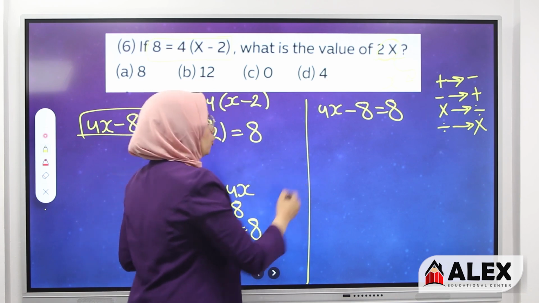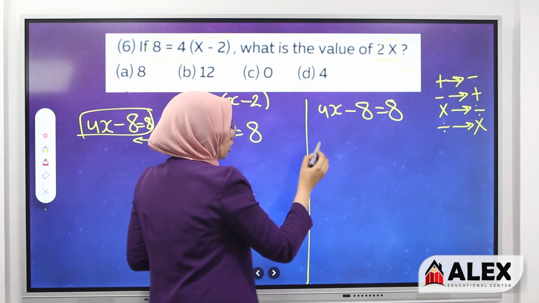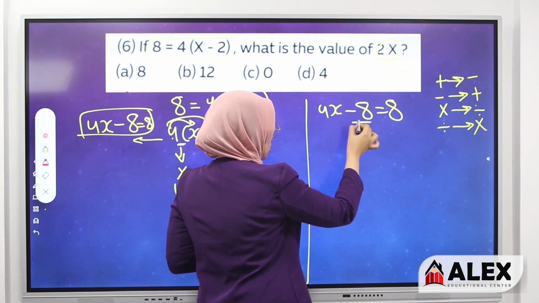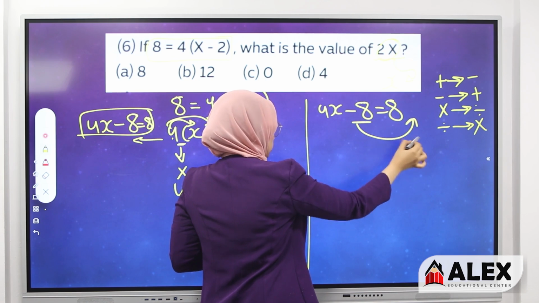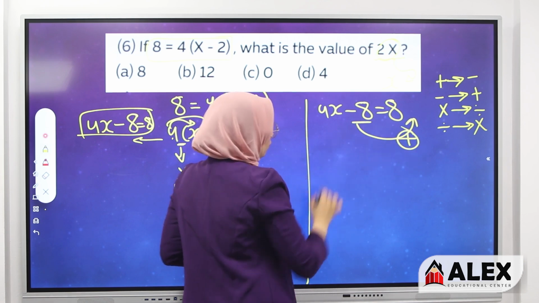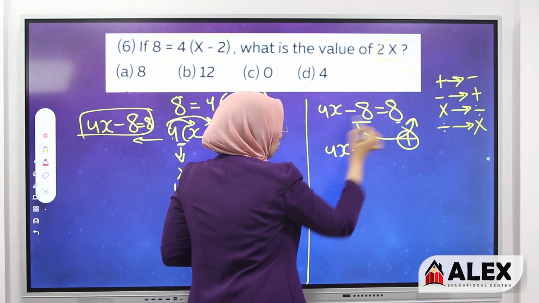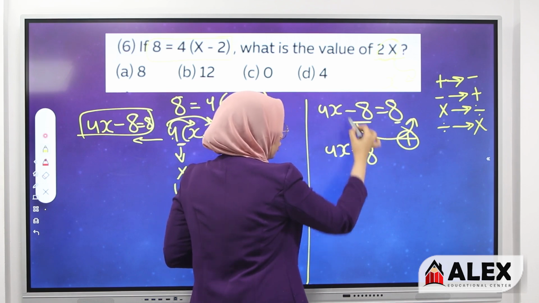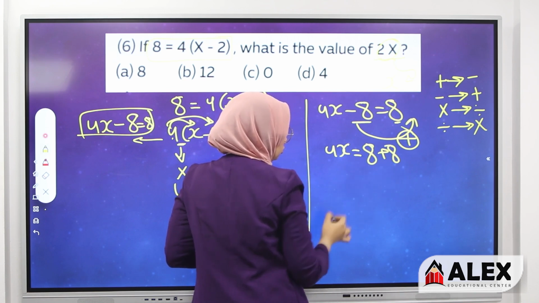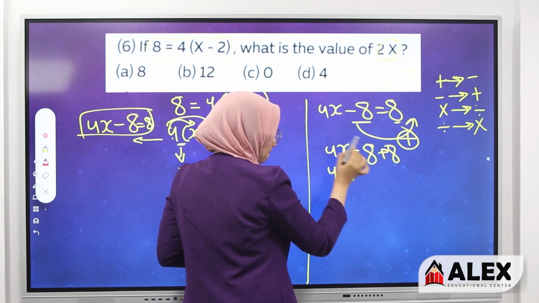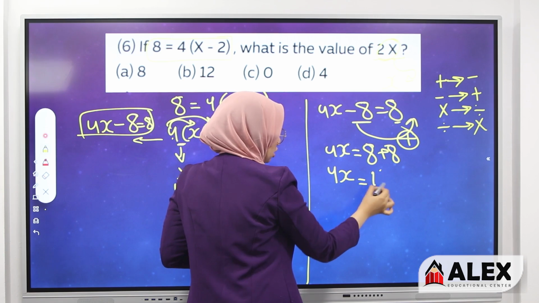Okay. 4x. First we take negative 8 here by positive. 4x equal 8 plus 8. 4x equal 16 again.